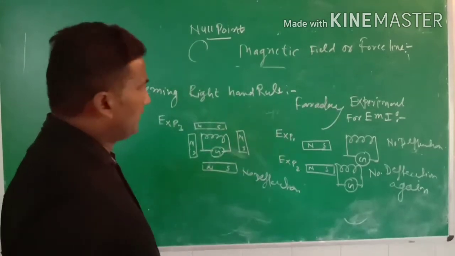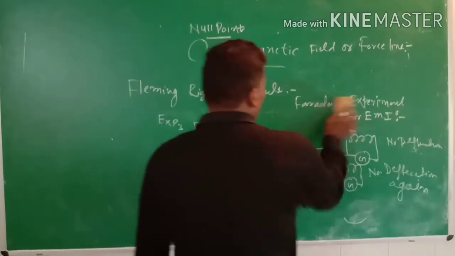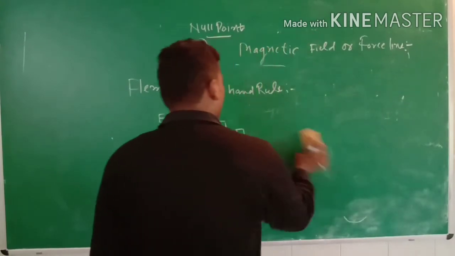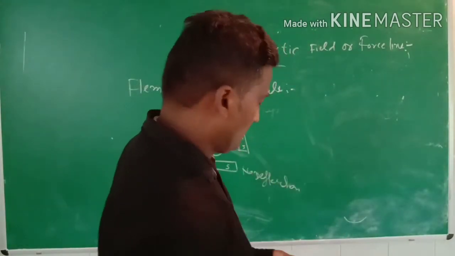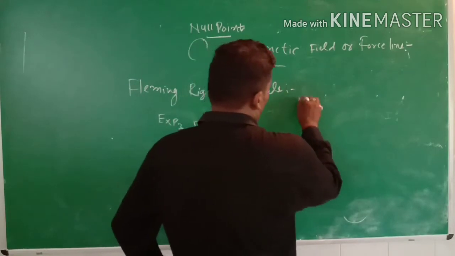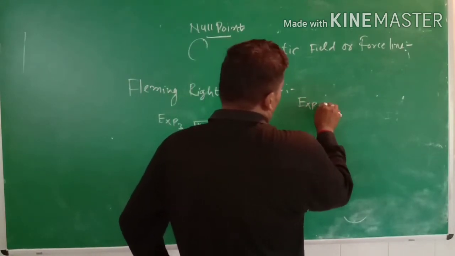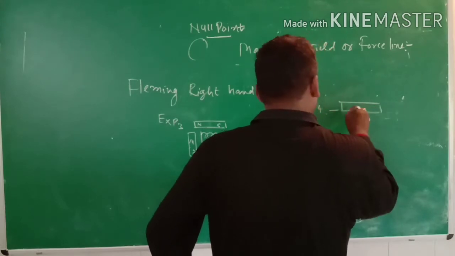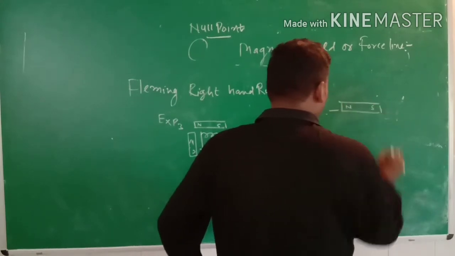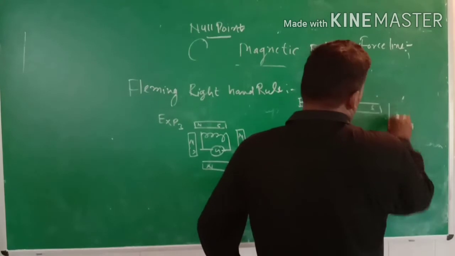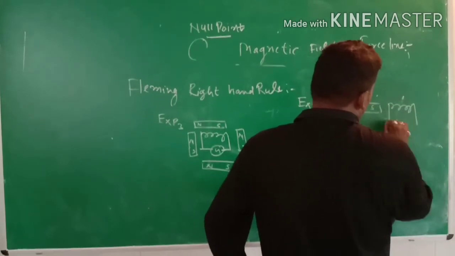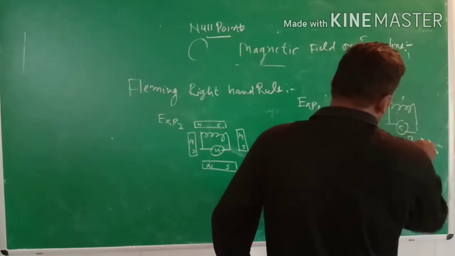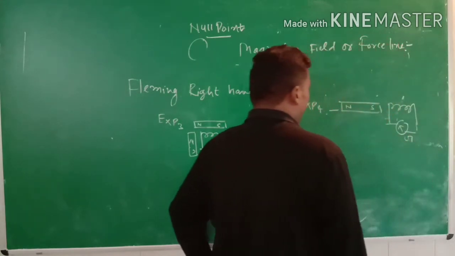But in experiment number 4, the bar magnet is again placed at the minimum distance, and we observe that a deflection is developed in the galvanometer.